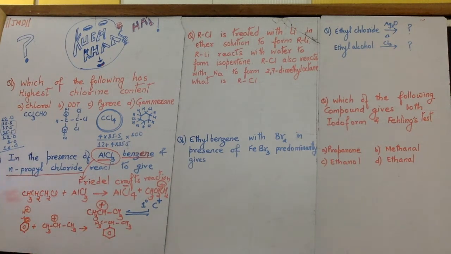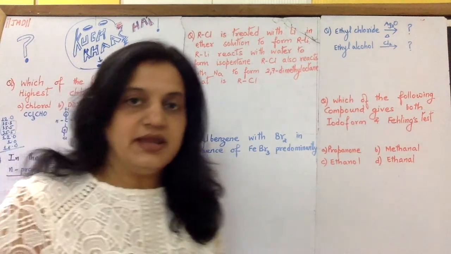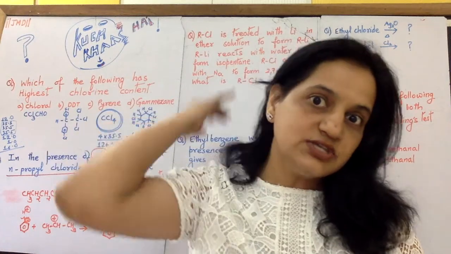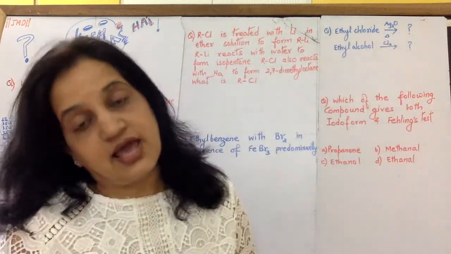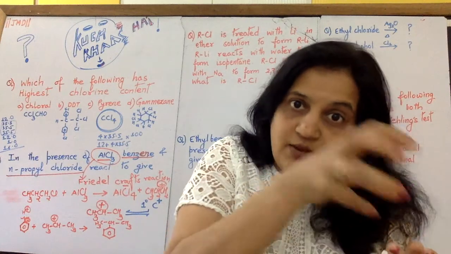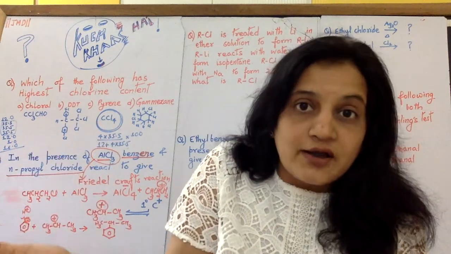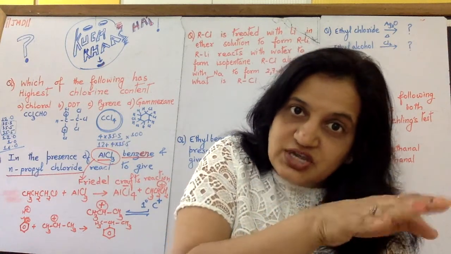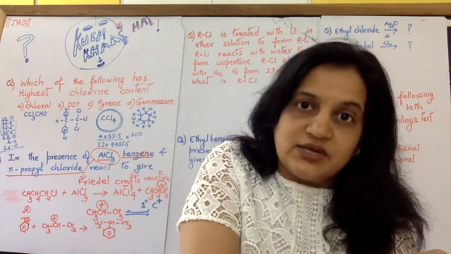Isopropyl benzene. Only thing you have to keep in your mind is that when you take n-propyl chloride and it dissociates to give n-propyl carbocation, many of you will make the mistake of just attaching n-propyl to benzene, which will be wrong. Because n-propyl carbocation will get interchanged to isopropyl carbocation.